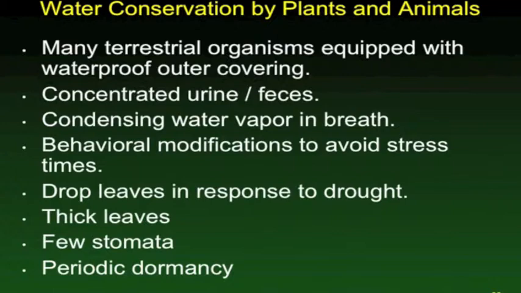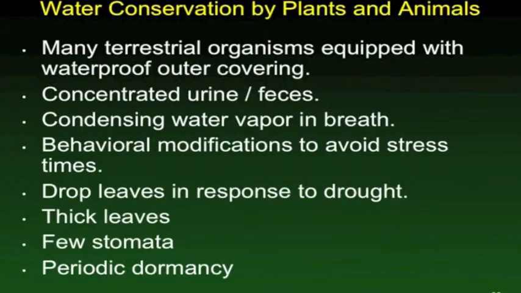They may change their behavior. Some animals may hide under rocks during the day and go out at night in order to feed, to avoid water loss. Trees and other plants during the dry season may drop their leaves, or they may have very thick leaves with very few openings or stomata in them.